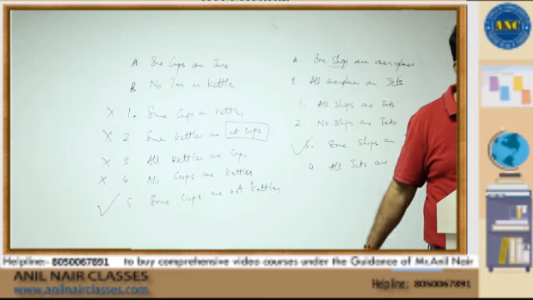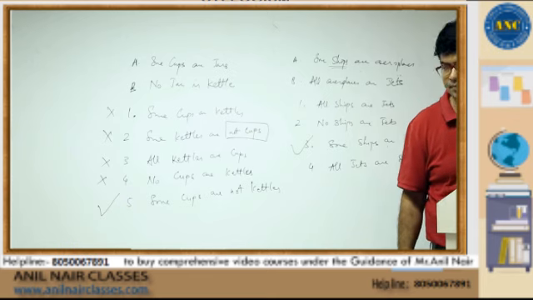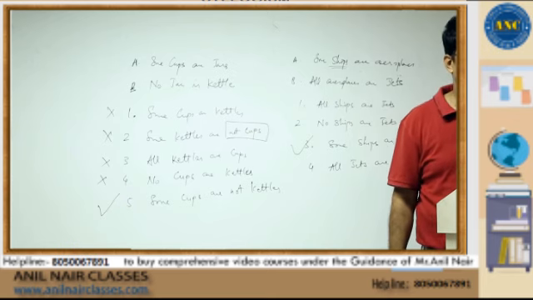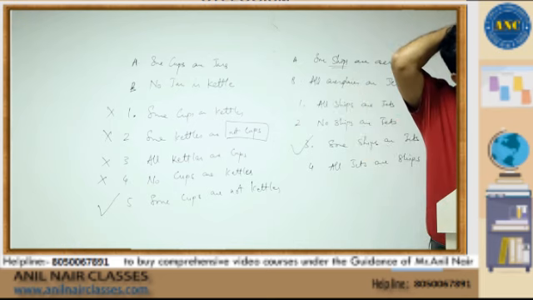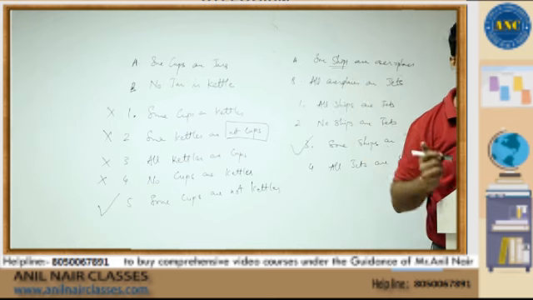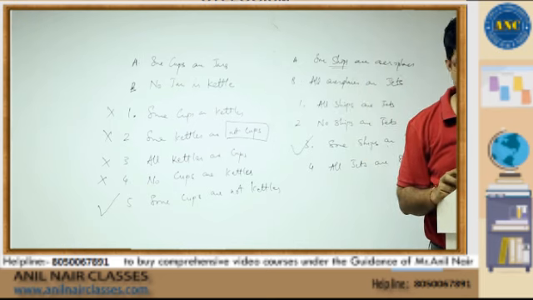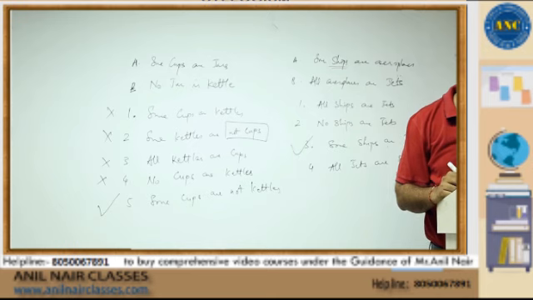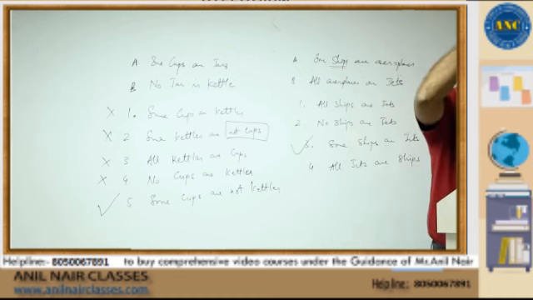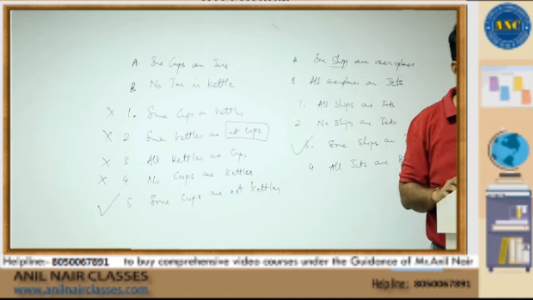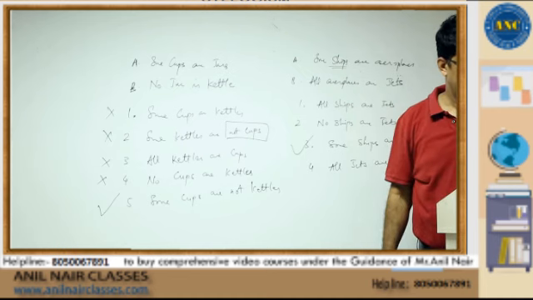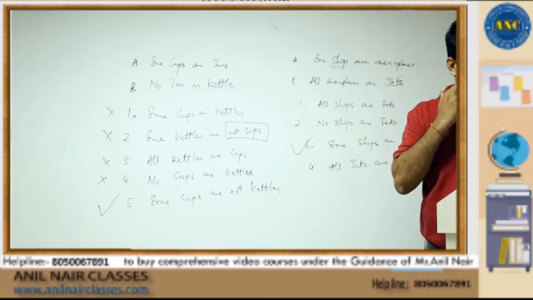Take an example: some bullets are guns, some guns are tanks. Options for conclusions. First option, some bullets are tanks. No bullet is a tank.